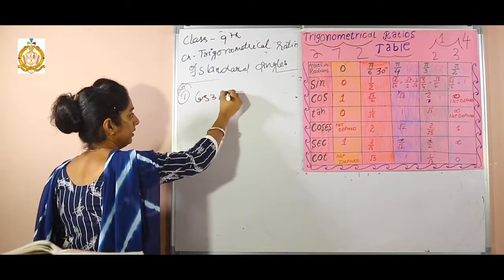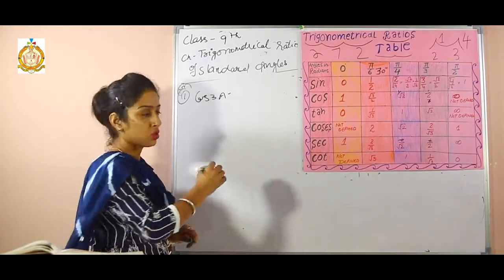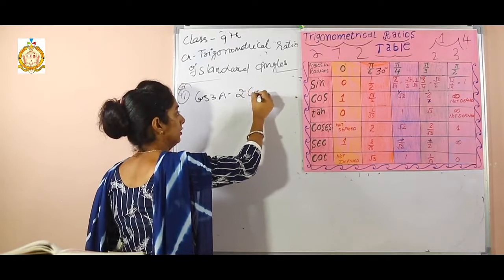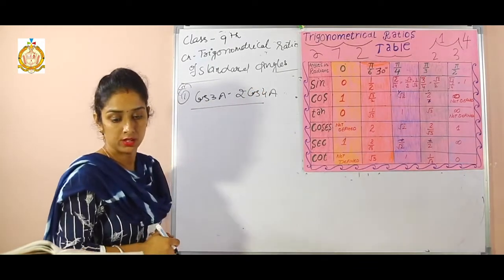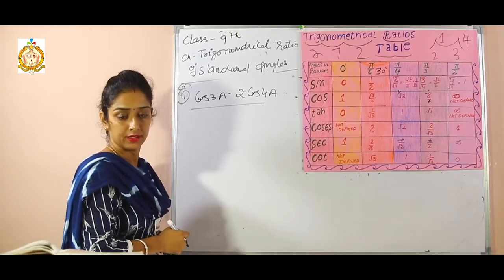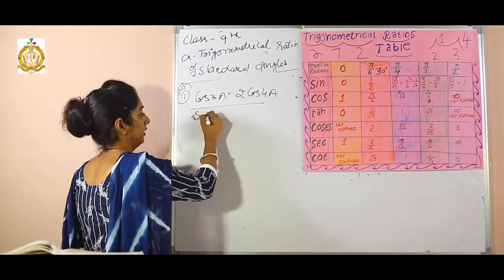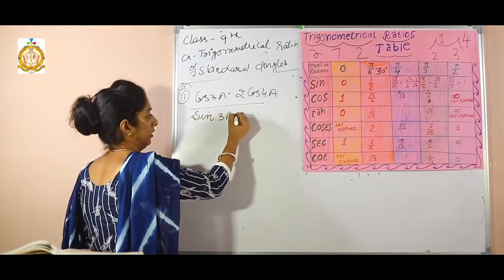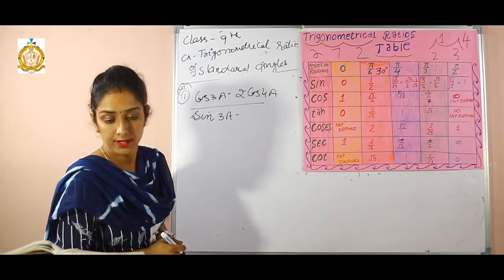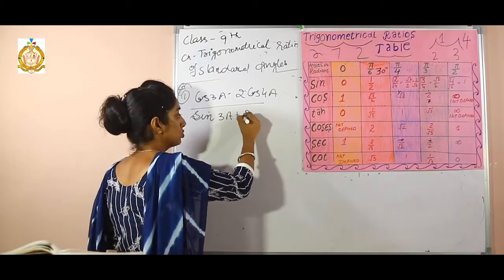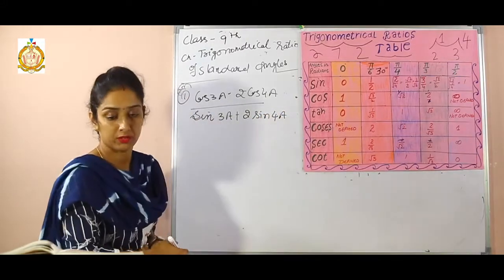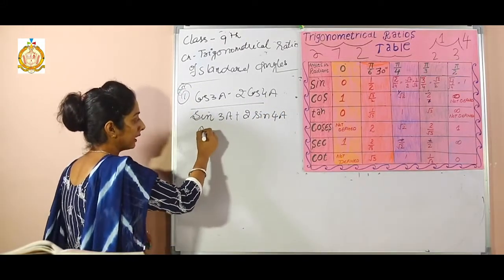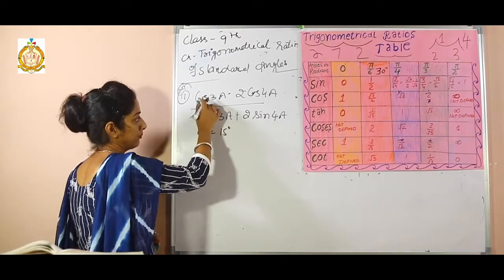Cos 3A minus 2 cos 4A over sin 3A plus 2 sin 4A. Right? Now here A is 15 degree.